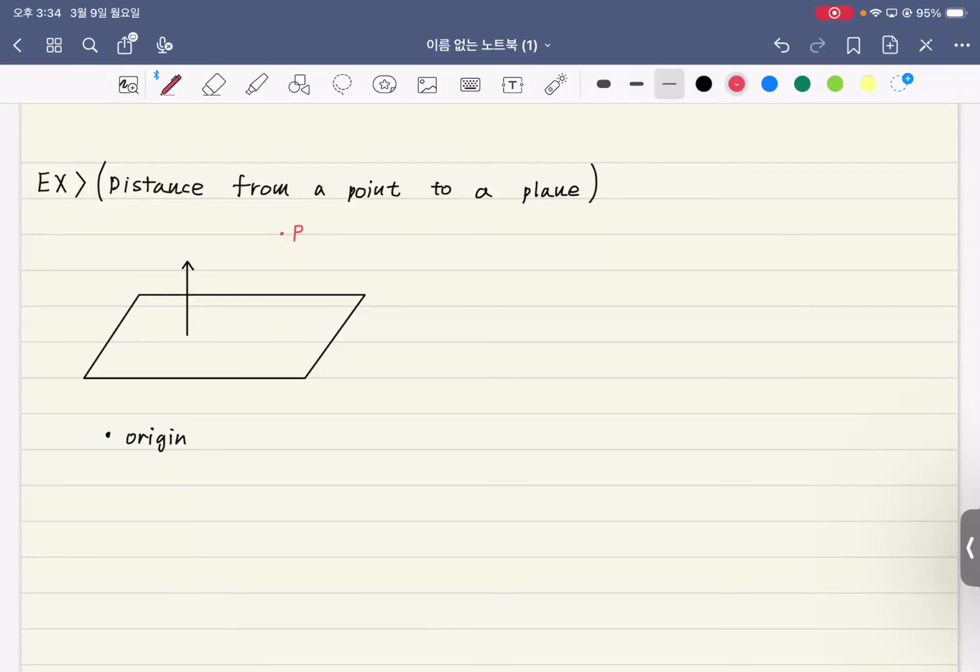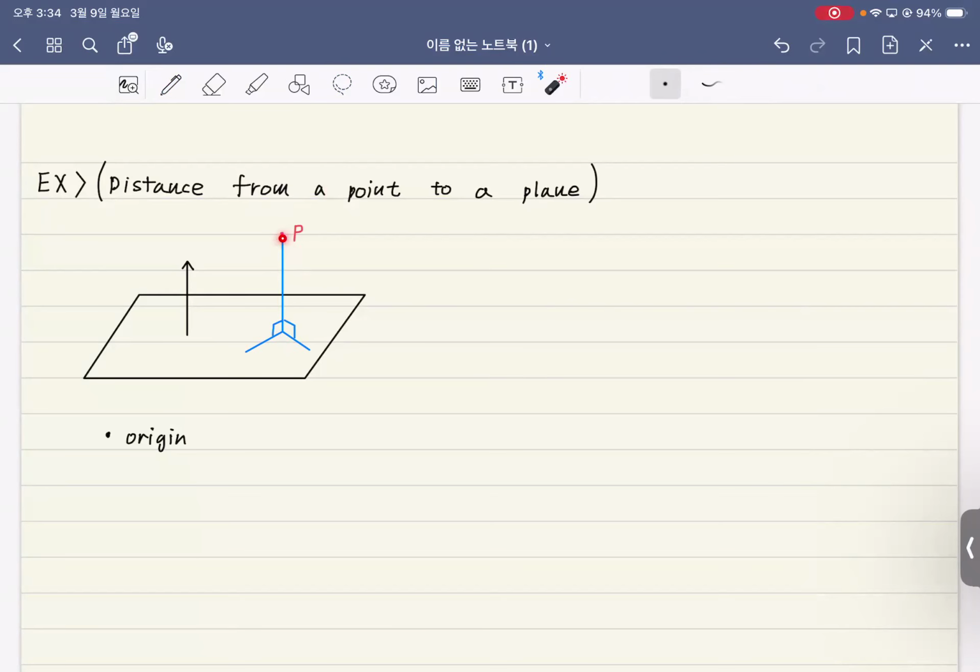You just draw a perpendicular line from the point P to the plane, just like this, and the length of this line is the length between a point and a plane.